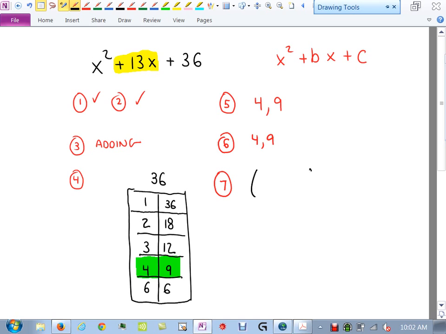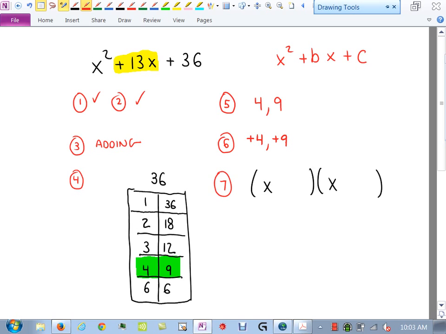Step 7 is to write out two sets of parentheses, x, x, and then whatever these two numbers are, put them here and here. Now, because this is my first time through this, remember on step 6 we said we had to figure out what the signs were? Let me put plus 4, plus 9, just to stress that these are both positive.